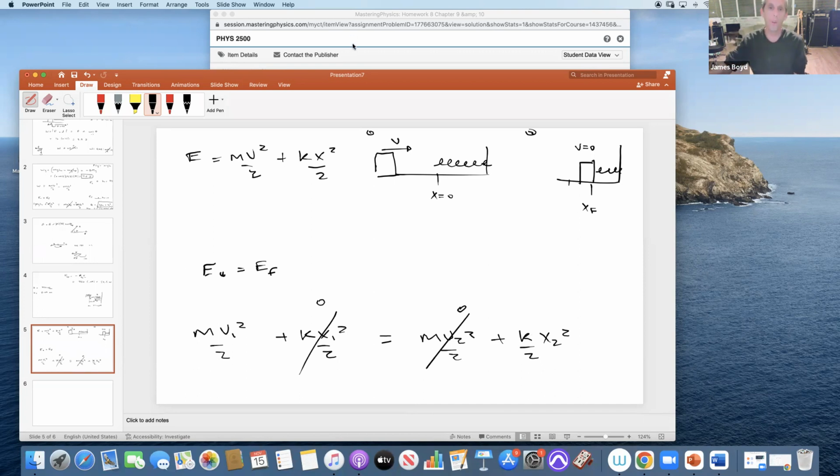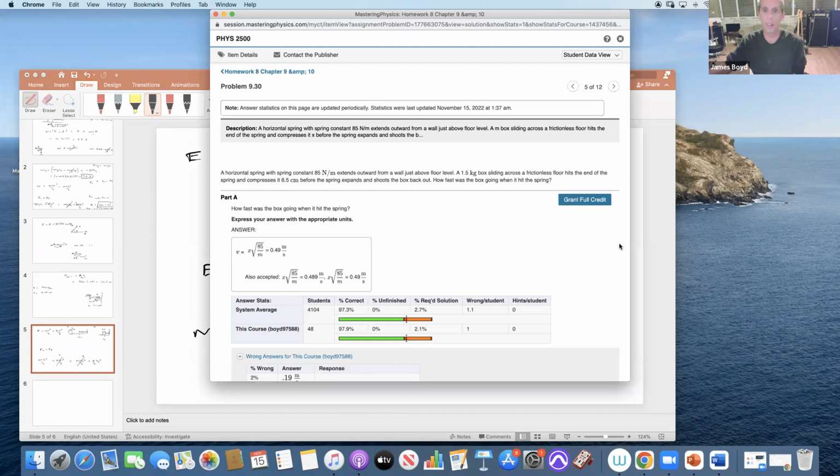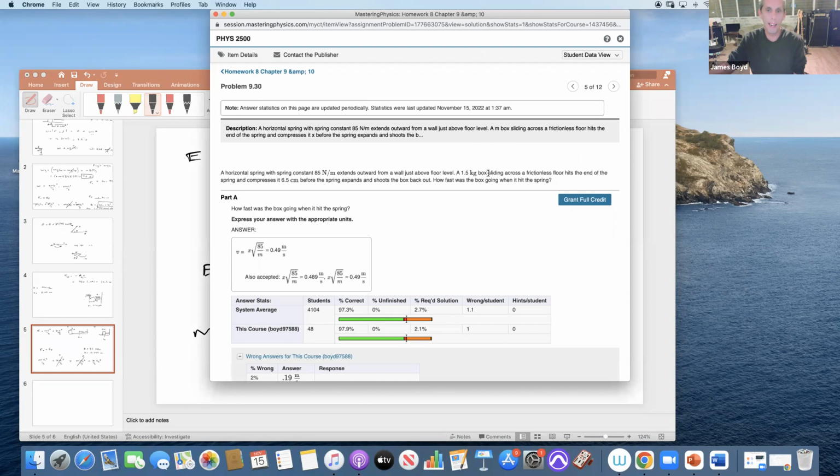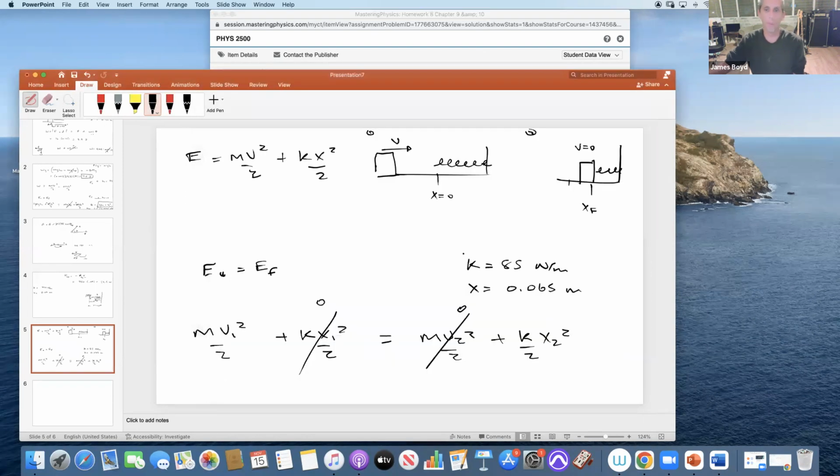Now we were told that k was 85 and it would compress 6.5 centimeters, so x was 0.065 meters. And the mass of the box is 1.5. We want to know what is v. So mv1 squared over 2 is equal to k over 2 x squared.